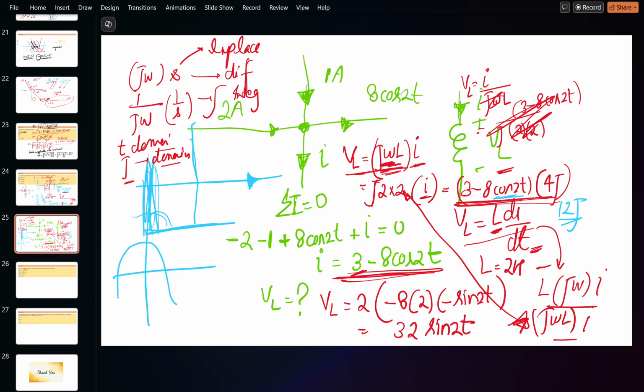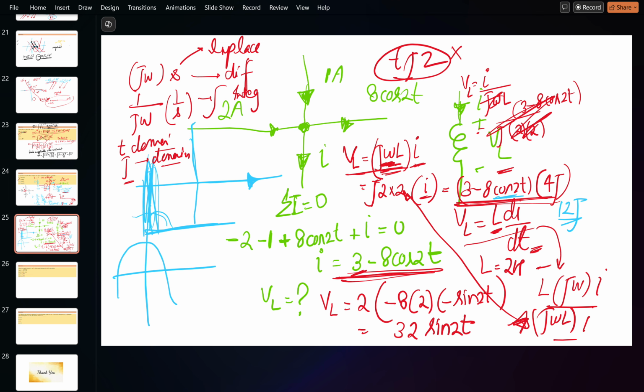So try to take each system into one form, either j omega, or time domain, or phasor. Don't mix the phasor with the time domain. Phasor is different, you cannot multiply t and j. So t times j does not make any sense.